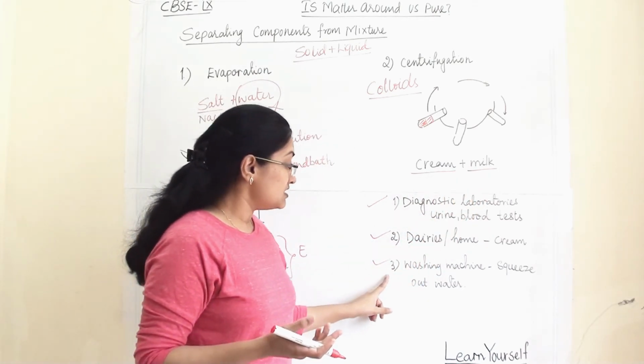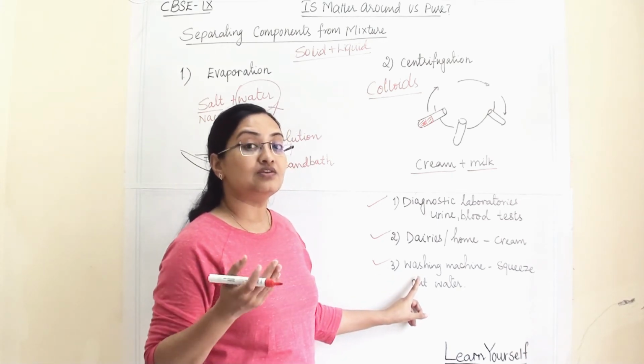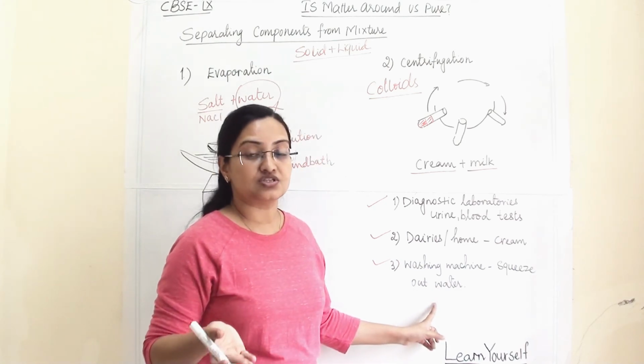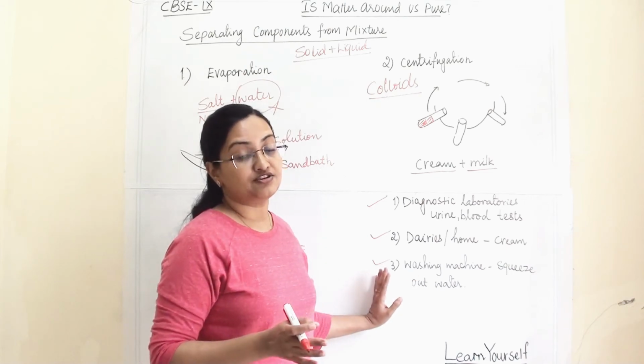As a third application, we use centrifugal force in washing machines to squeeze out water from the clothes, and we get dry clothes at the end of this centrifugation.